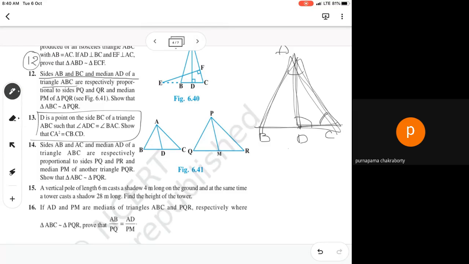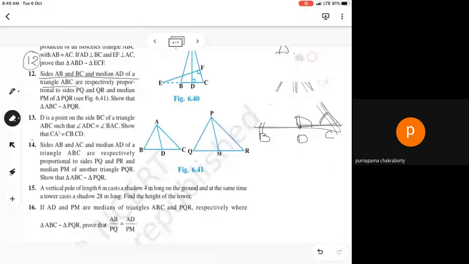So by AA similarity, these two triangles are similar, and the corresponding sides will be in proportion. Take the corresponding sides' proportionality and you get the required result, CA square. It's a very simple problem. I think you can do it.